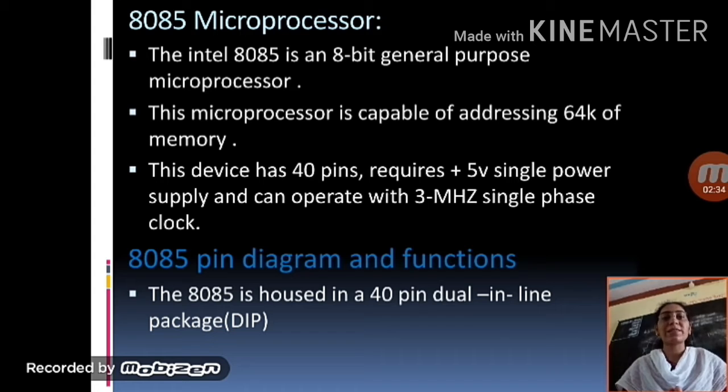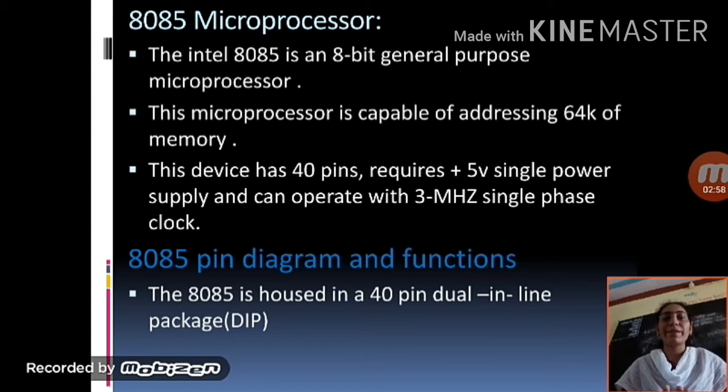This device has 40 pins. Listen carefully, this device has 40 pins. It is a compulsory question how many pins the microprocessor 8085 has. It requires a +5 volt power supply and can operate with a 3 MHz single phase clock.